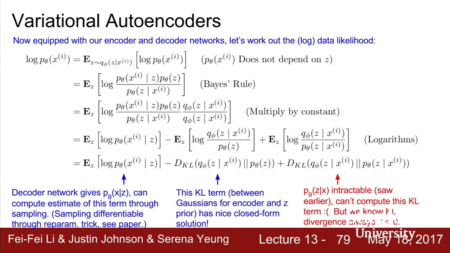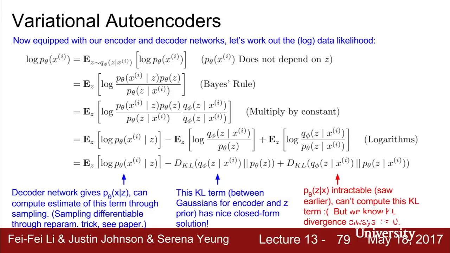Now if we look at these 3 terms, the first term is p of x given z, which is provided by our decoder network. And we're able to compute an estimate of this term through sampling, and we can do a sampling that's differentiable through something called a reparameterization trick, which is a detail you can look at in this paper if you're interested.